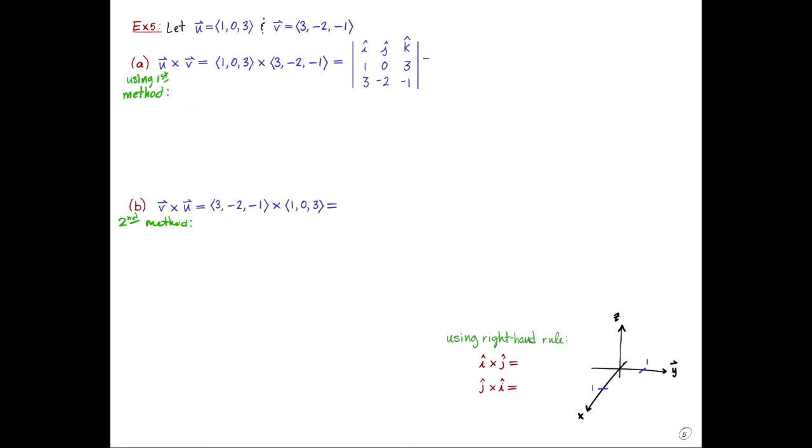This is equal to crossing out the row that contains I and the column that contains I and finding the determinant of the remaining 2 by 2 matrix.